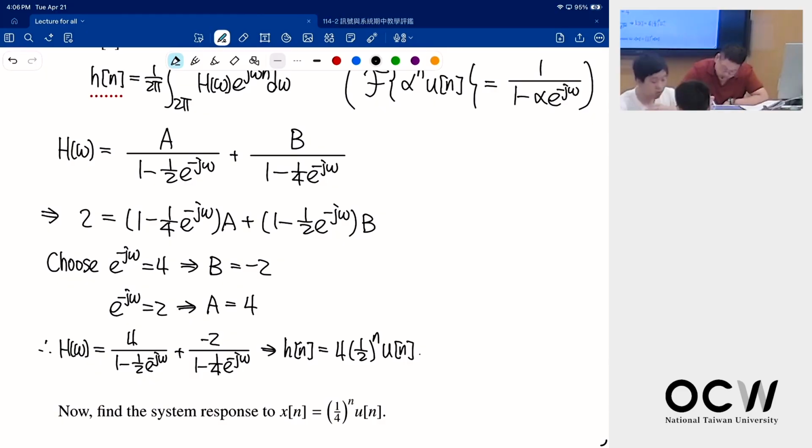Second term, minus 2 times 1/4 to the n times u[n].